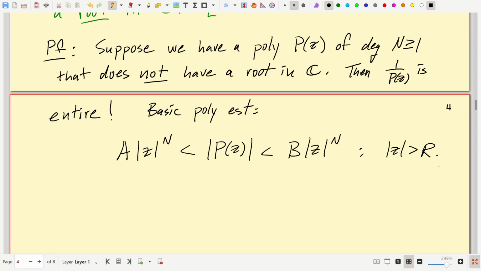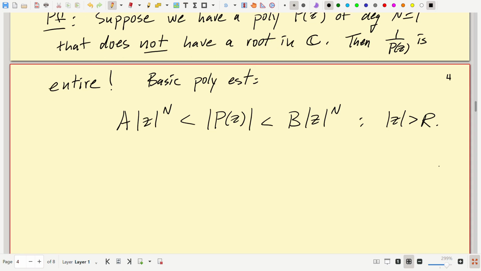Okay, so I'm going to want to show that 1 over P of z is bounded entire. And let's see, if I'm going to estimate 1 over P of z to get that less than something, I need the mod P of z to be greater than something. And so the side of the basic polynomial estimate I need in this case is this side.